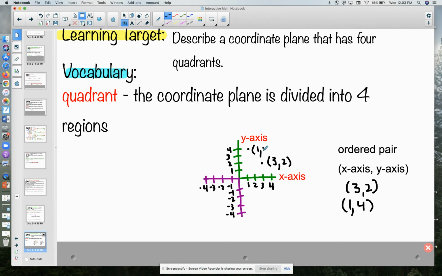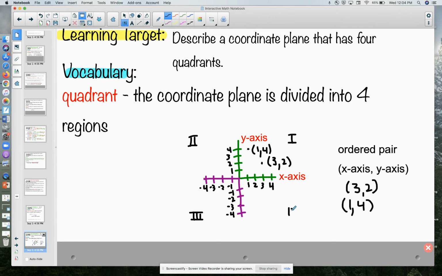Now, just like the vocabulary, we're talking about quadrants. So last year you talked about basically the quadrant number 1 right here, first quadrant. This is quadrant number 2. This is quadrant number 3. This is quadrant number 4.